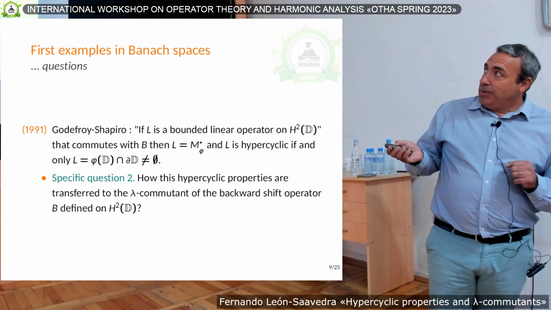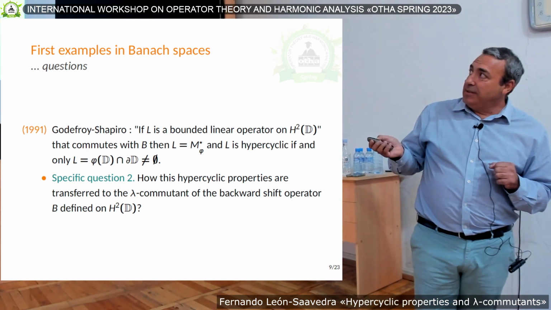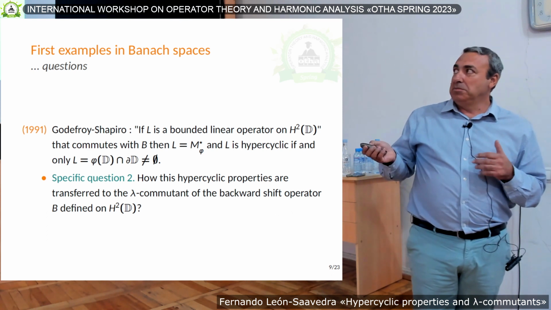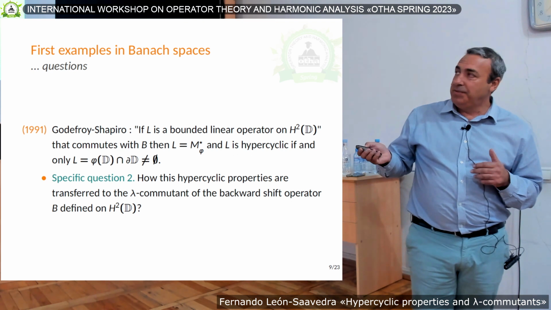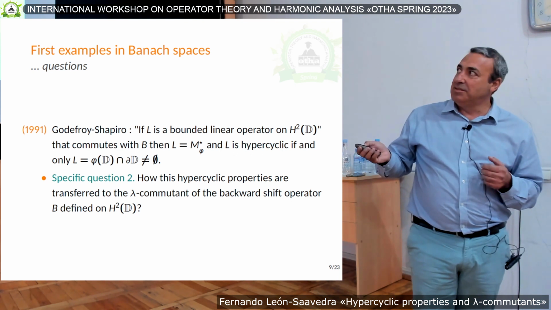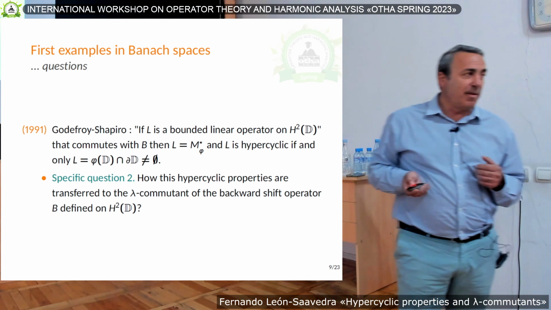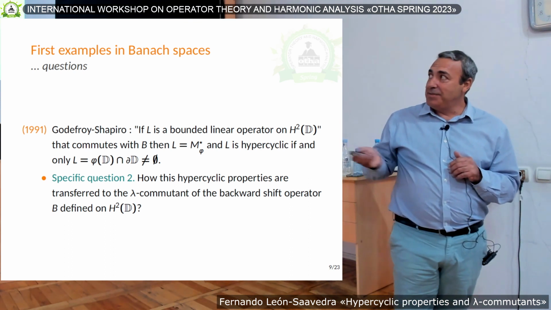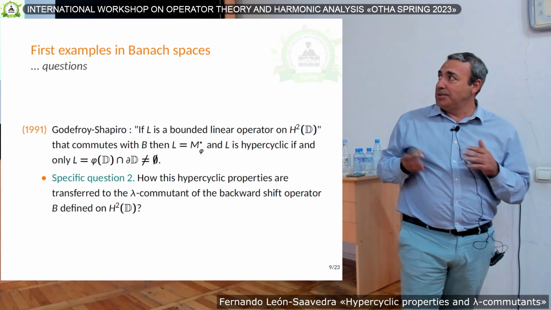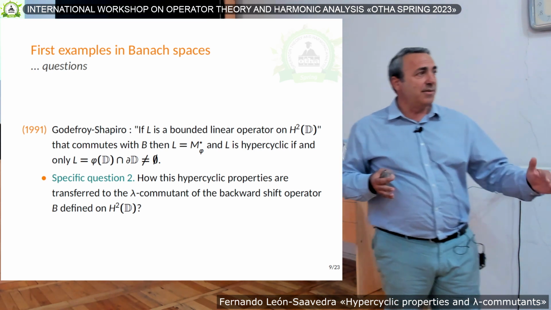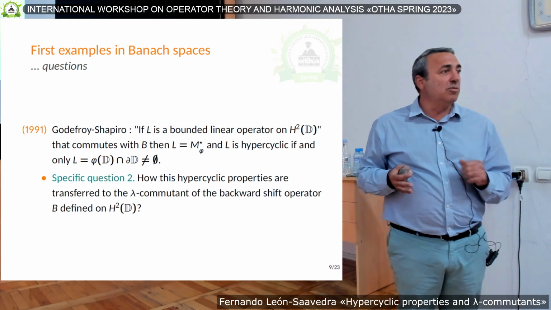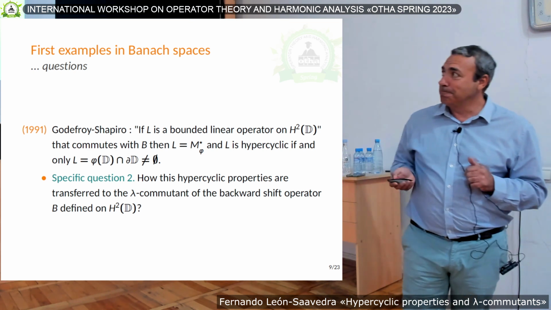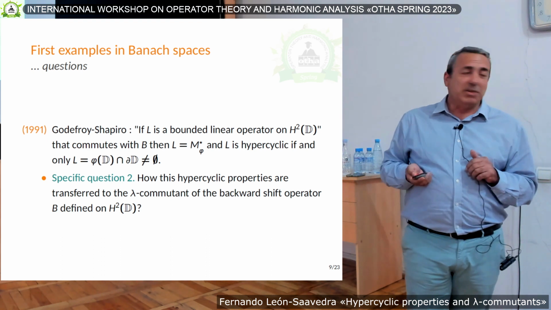They prove that an analytic Toeplitz operator is hypercyclic if and only if the image of phi, which is the point spectrum, intersects the unit circle. Okay, this is what they characterize. And the specific question 2 is how hypercyclic properties are transferred to the lambda commutant of the backward shift operator defined on the Hardy space H2.